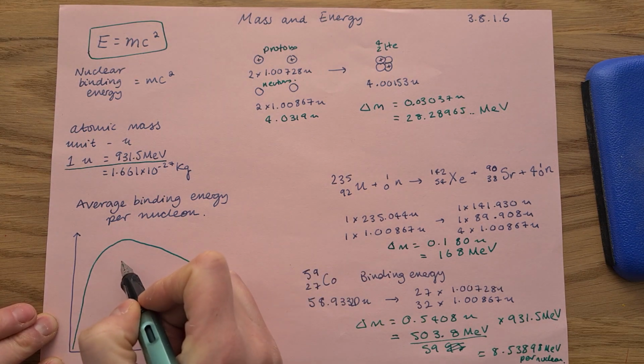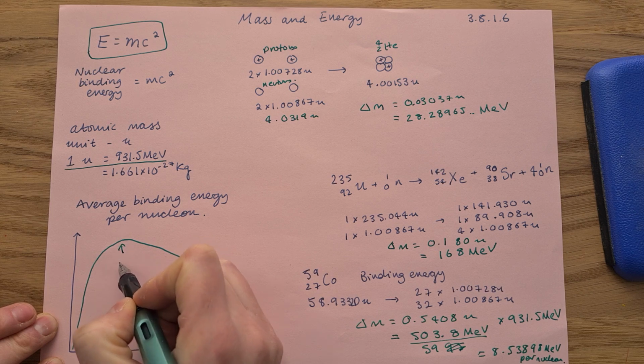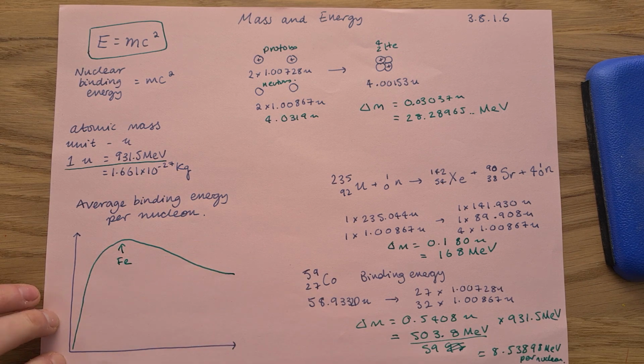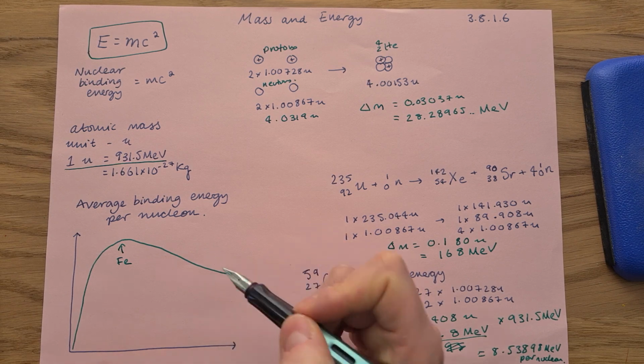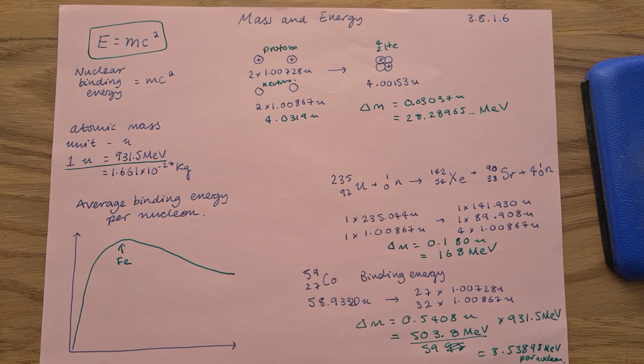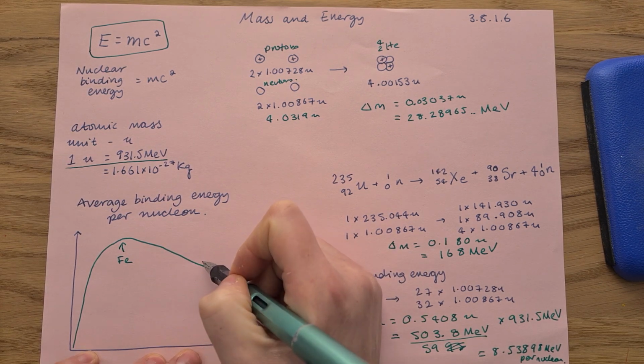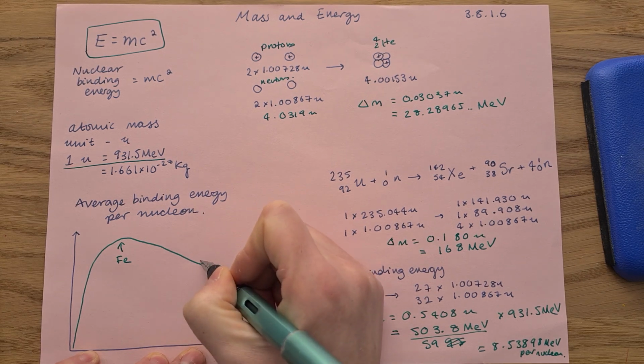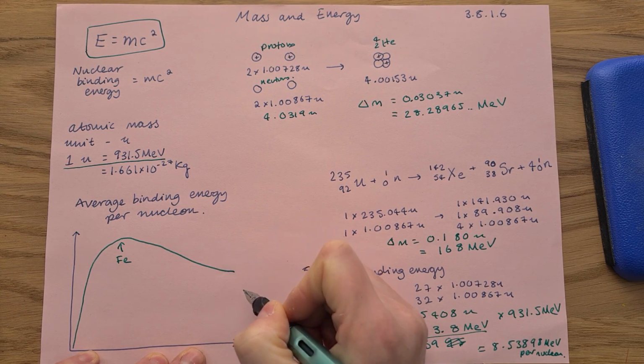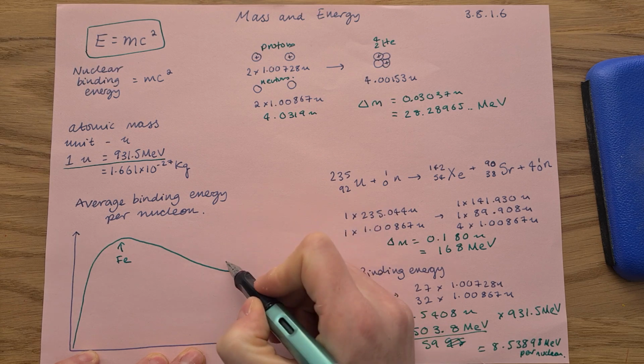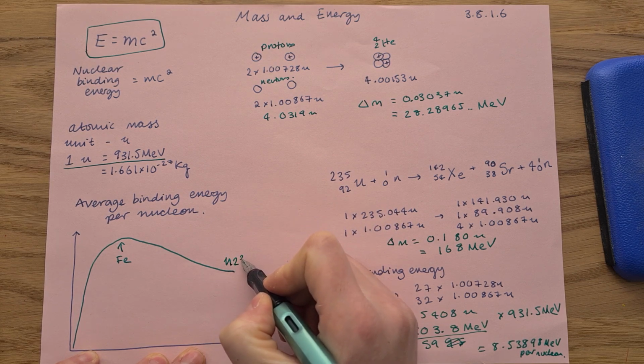Now, around here, you get the iron group. They are the most tightly bonded nuclei and therefore the most stable. This side here, these ones have less energy. And uranium-235 is one of the things that you'd find over here, right?